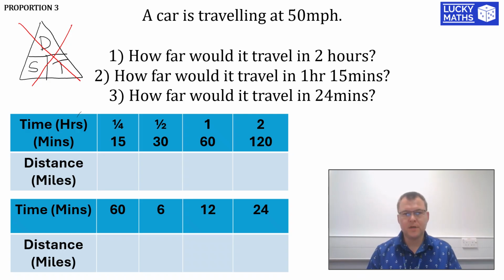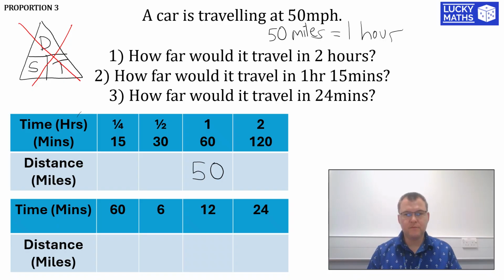Okay, so a car is traveling at 50 mph, again, miles per hour. So to be clear, that is 50 miles in 1 hour. On the table here, I don't want to confuse you, but we've got hours and minutes. 1 hour, 60 minutes, just to help with conversions there.